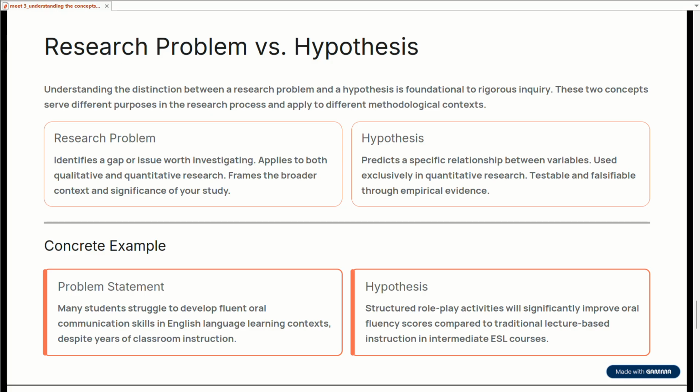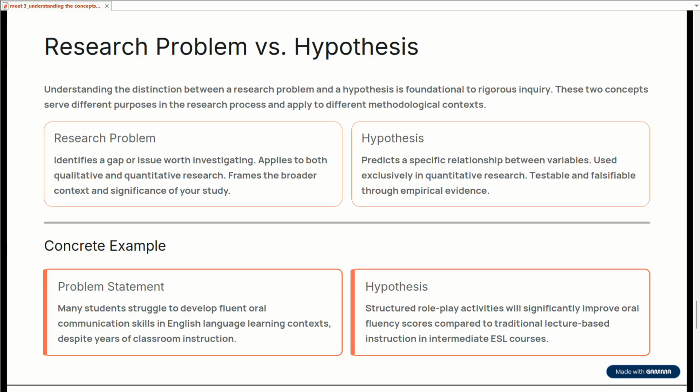And then we can do the research to test which hypothesis will be accepted. If it is proven that structured role-play activities can improve oral fluency, it means the alternative hypothesis is accepted.